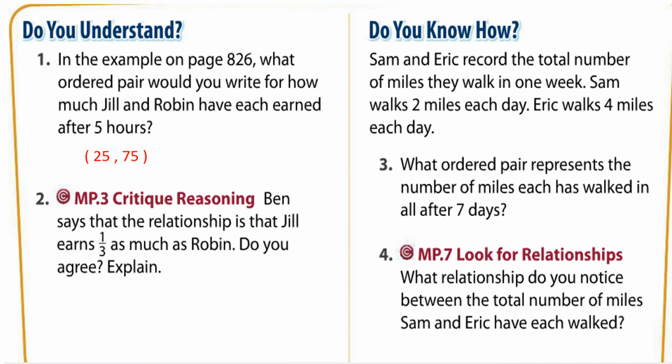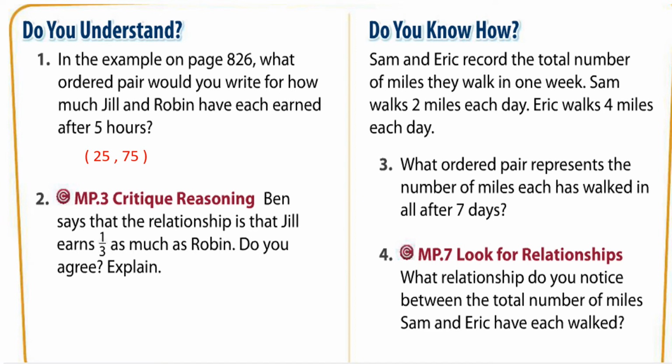So, for example, if Ahmed has $10 and Omar has $5, I can say that Omar has half as much money as Ahmed, or I can say it the other way: Ahmed has 2 times as much money as Omar.